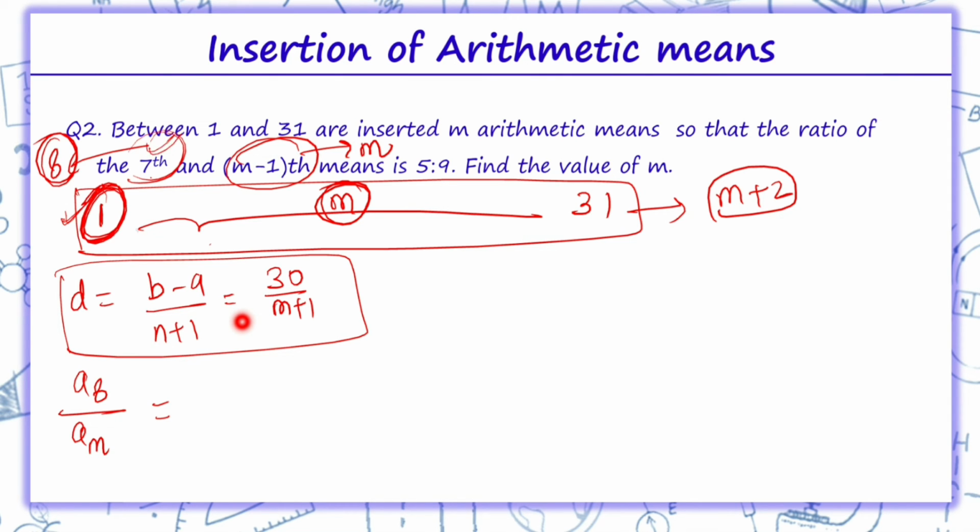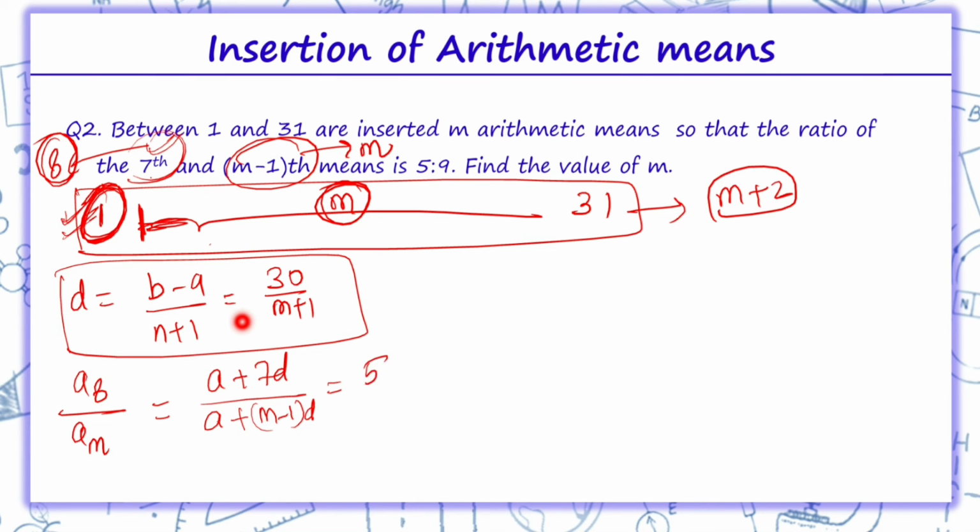They are basically talking from the second term. So according to the second term it is the 7th term, but according to the first term it is the 8th term. So the a8 formula will be a plus 7d, and the a_m formula will be a plus (m minus 1) into d. The values of a and d we know, we'll substitute them over here.